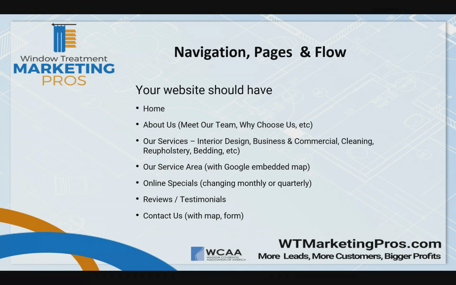And it's really important that you embed a Google map. So what you can do is go to maps.google.com and then just type in your city. So let's just say you type in Memphis, and it will give you a map with an outline of what they consider Memphis. And then there's an embed button that you can copy, grab that code, put that onto your website.